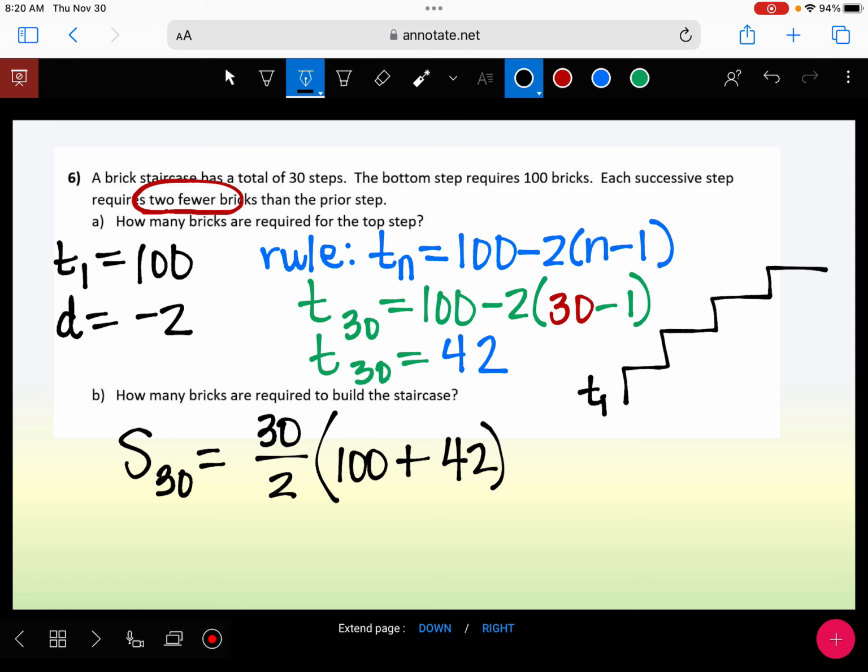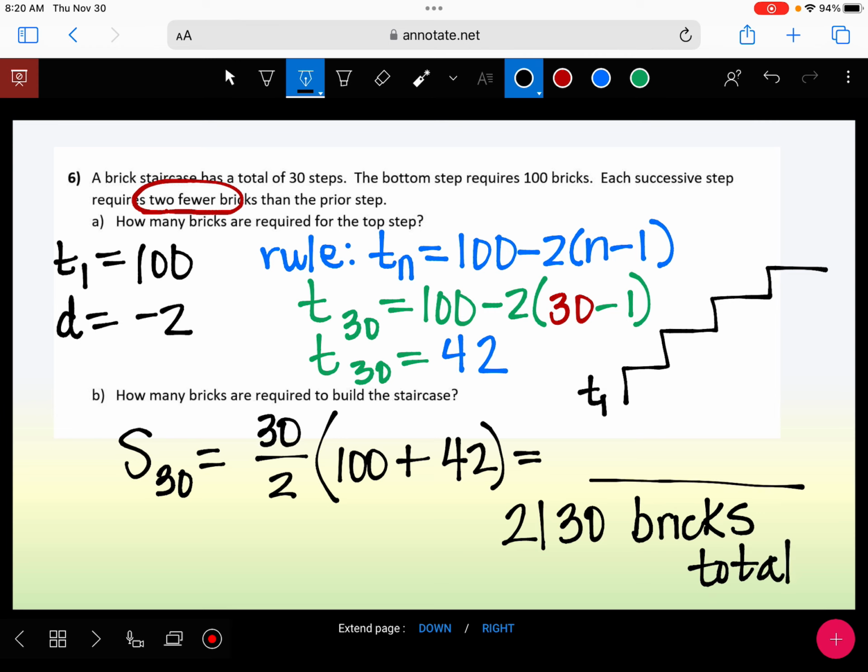And that tells you the total number of bricks. So that should be 2,130 bricks. Who had that? 2,130 bricks. All right. Any questions about arithmetic?